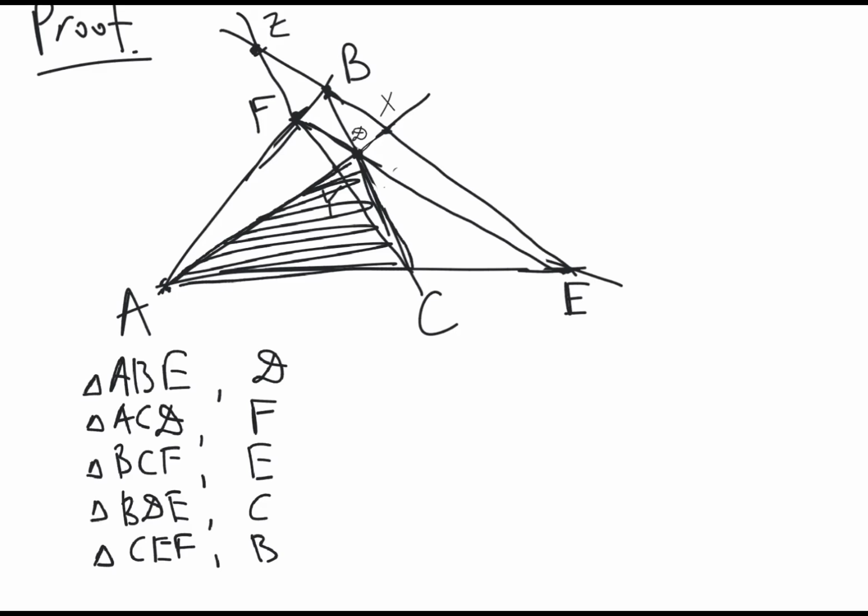So this triangle, and let me... why is this point? So ACD and the intersection point F, so this point.